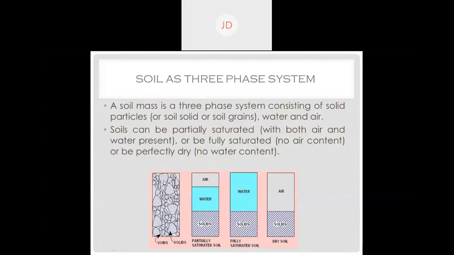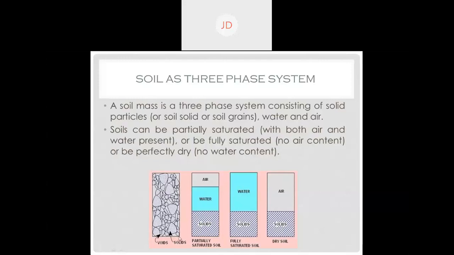So these irregular blocks represent soil solid or soil particles, or you can say soil grains. In nature, you'll find all soil particles have different shapes and sizes, sometimes small and sometimes very large. So this is the natural state of soil.